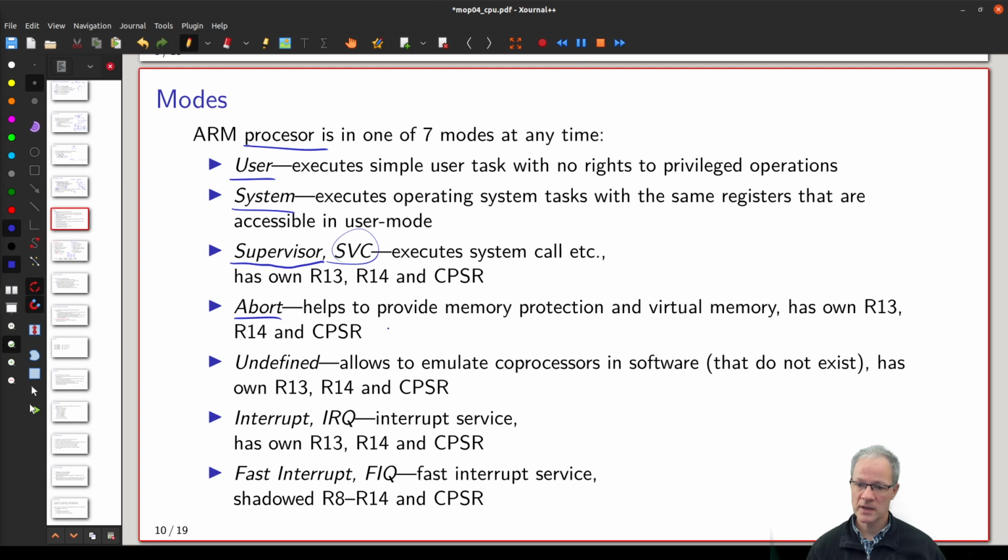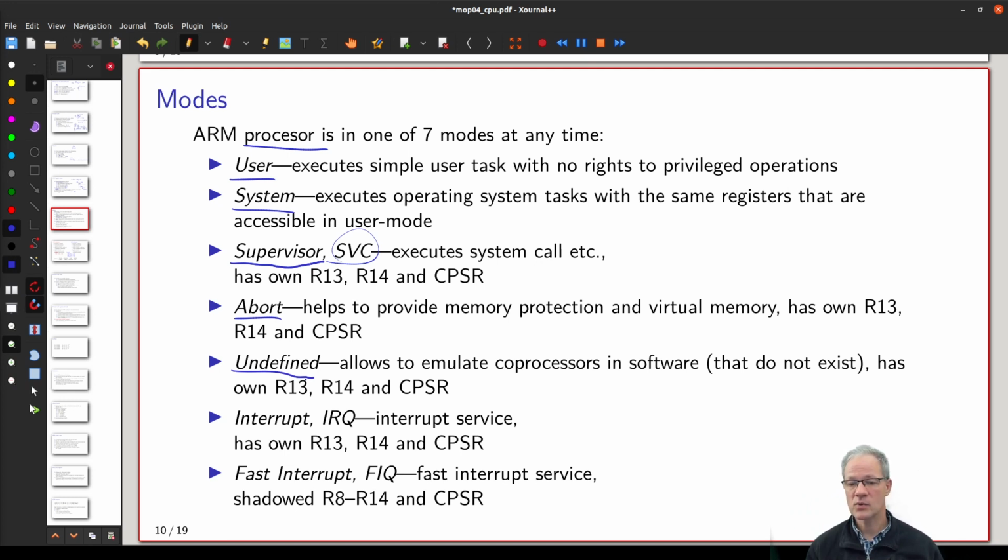There's this abort mode that will provide memory protection and virtual memory. There's the undefined mode, which is allowed to emulate some other things that are not built into the processor. For example, you can emulate, in software, a coprocessor that is not really there in hardware. What is a coprocessor? It's an additional piece of hardware that does some things really well and perhaps really fast.